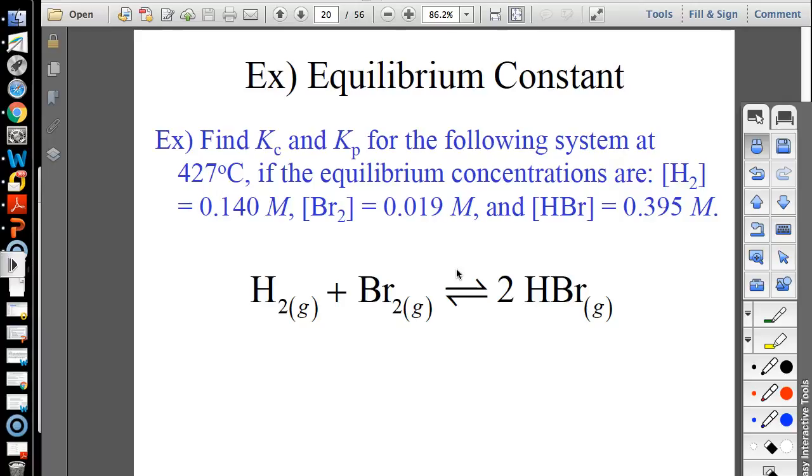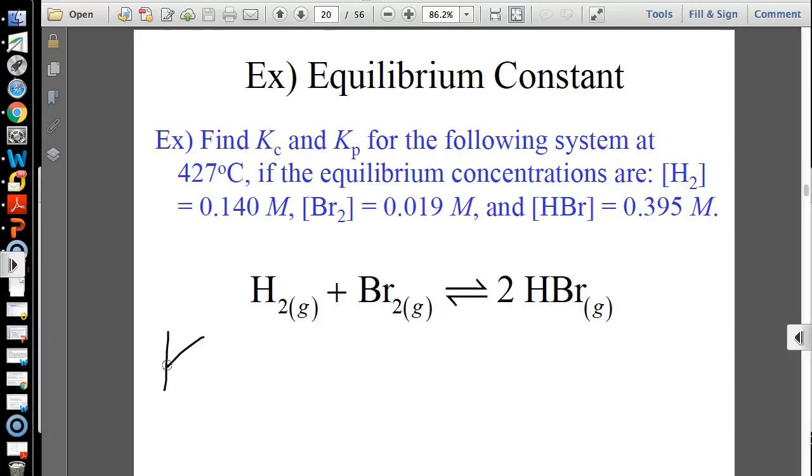So the first thing you're going to do, don't let it freak you out. You've got a bunch of numbers, who cares? It's fine. What we're going to do is just write Kc, and you're always going to start these questions by writing the equilibrium expression, and then you're just going to fill the numbers in. This is easy. So I'm going to have HBr in square brackets for molarity.